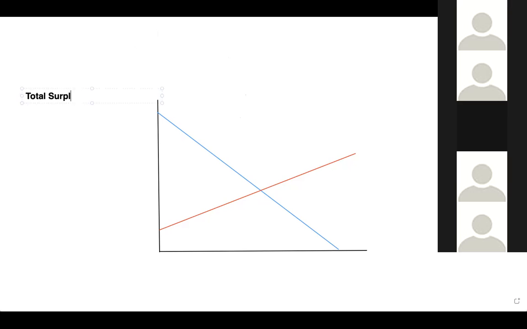And if you've already had an econ class before, you've probably heard of these terms. And total surplus, a lot of times, is broken down into consumer surplus, plus producer surplus.